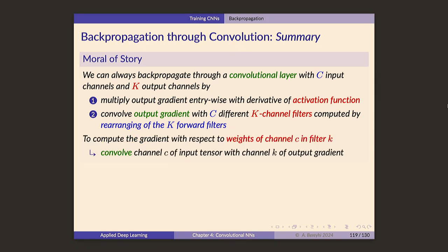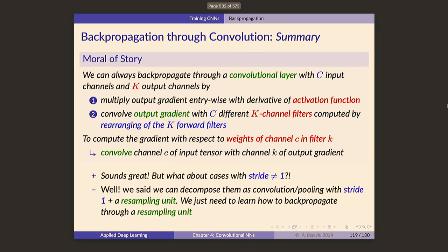And if you want to compute the gradient with respect to weights, you always need to get your input, and then you convolve it with the gradient of the output. Then it's going to give you the gradient with respect to weights. In the three-dimensional case, it's going to be the same, right? OK, that's it. And we are going to have a very short break, and then we're going to talk about the case with a stride different than one. OK?